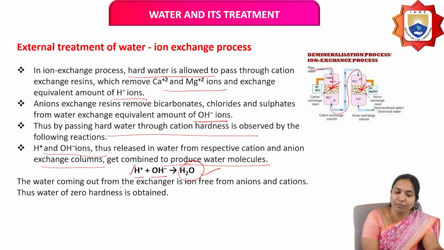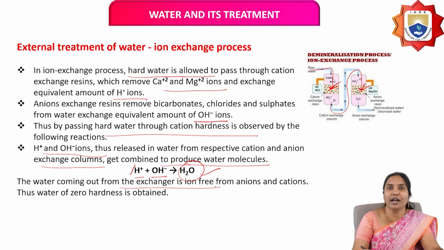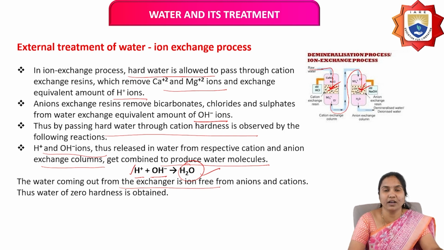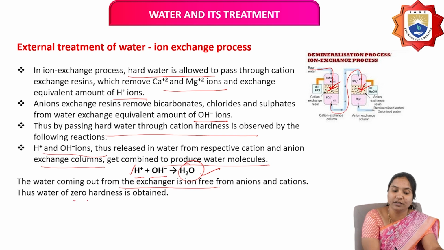So the water coming out of the exchanger is free from anions and cations. The hardness of this water is 0. It doesn't contain any hardness causing ions and minerals.